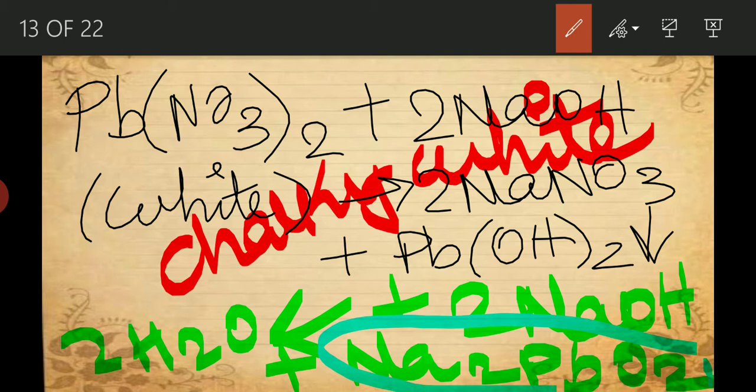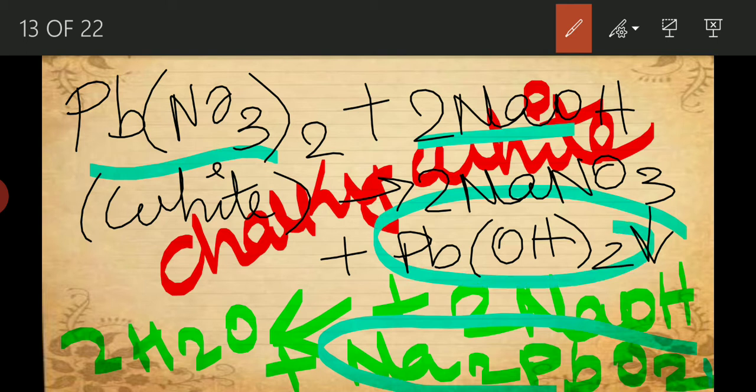So when lead nitrate reacts with NaOH, it forms a PPT, lead hydroxide, chalky white PPT. But when we add NaOH in excess to lead hydroxide, this chalky white PPT will become a colorless solution. That means it will be totally soluble in excess NaOH and form sodium plumbite, Na2PbO2.